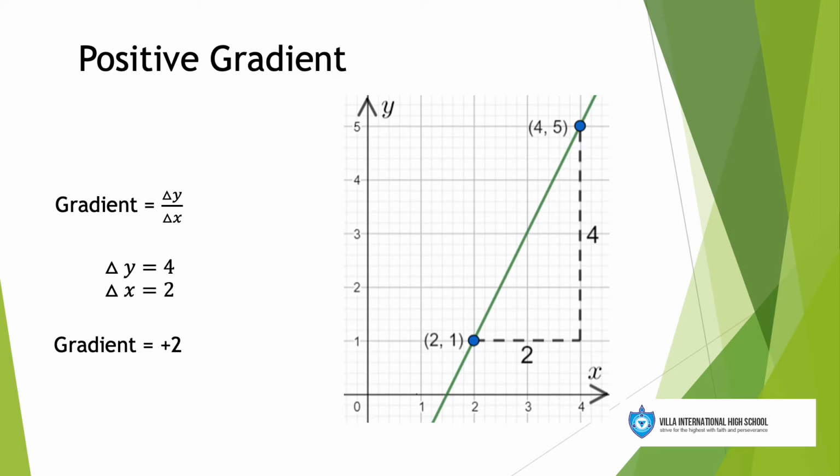The first one is 2, 1 and the second one is 4, 5. So delta y is equal to 4 and delta x is equal to 2. The gradient is 4 divided by 2, which is equal to plus 2, which means this type of graph represents positive gradient. This is what a positive gradient graph looks like.